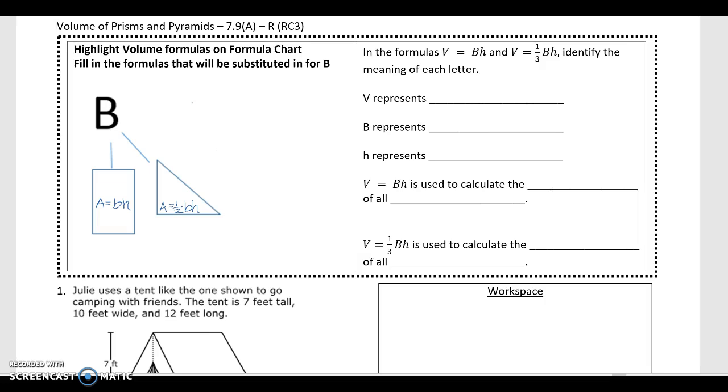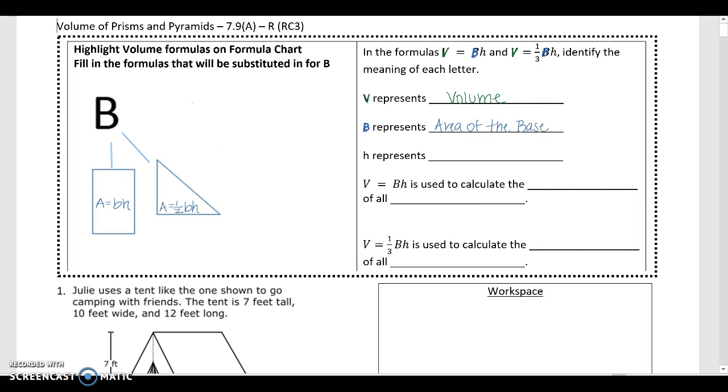So in both of these situations, V represents volume, and then we have big B. Big B is in both equations. And remember, big B means area of the base.